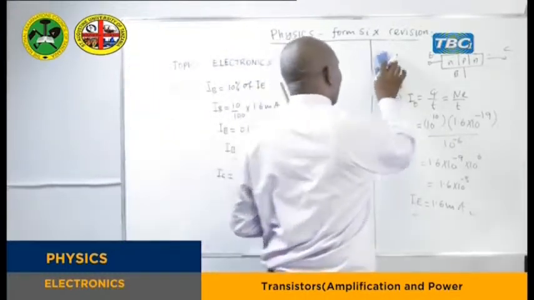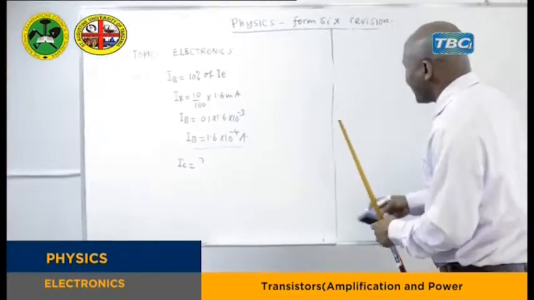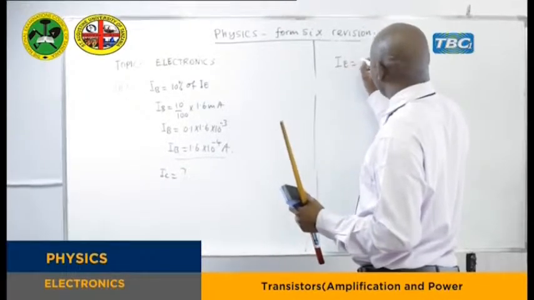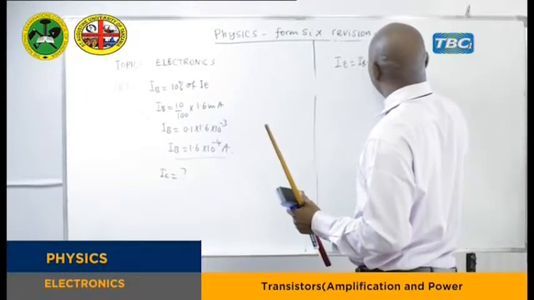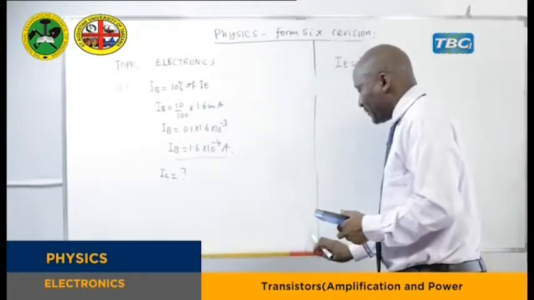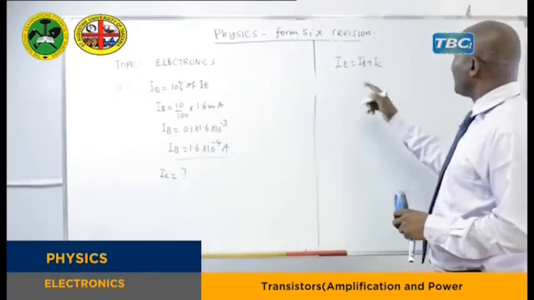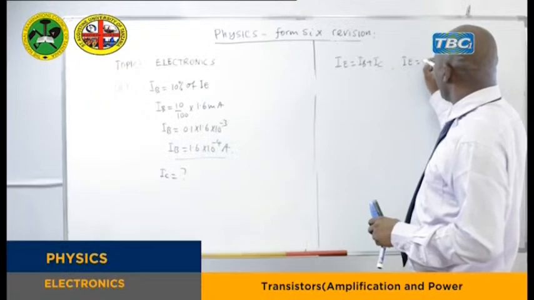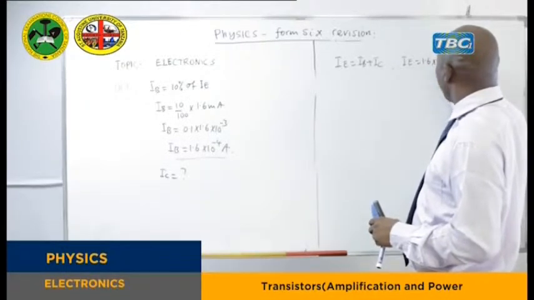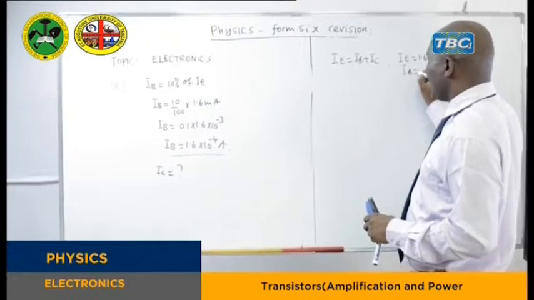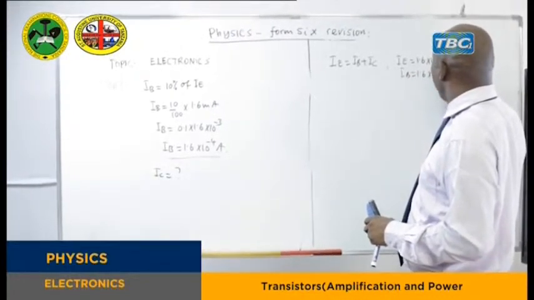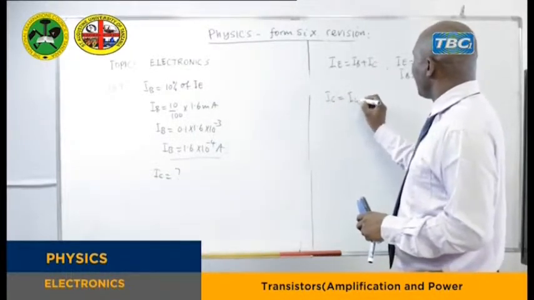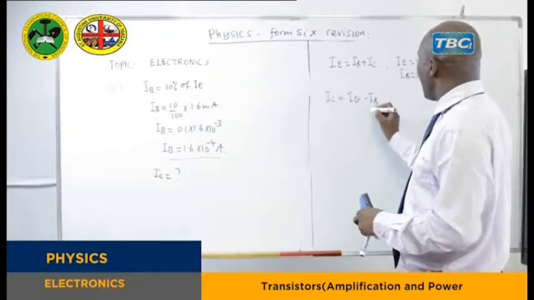Simple. We recall the formula which connects them. We don't have the other information, but you know that IE equals IB plus the collector current. This is the basic equation that we derived from the beginning of the lesson. If you know the emitter current, which is 1.6 times 10 negative 3 ampere, and our base current is 1.6 times 10 negative 4 ampere, you can find the collector current as IE minus IB.